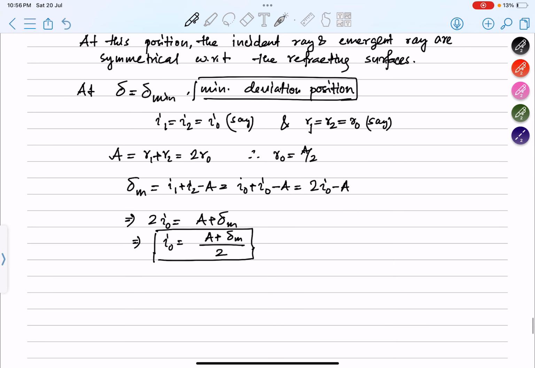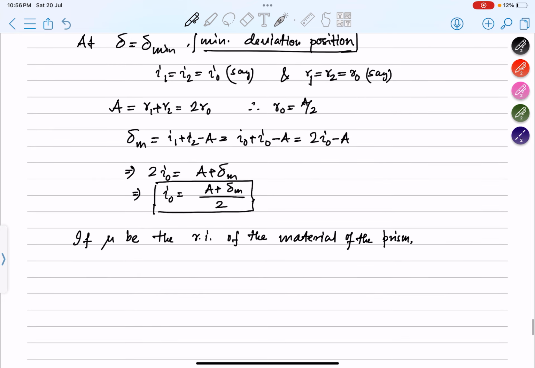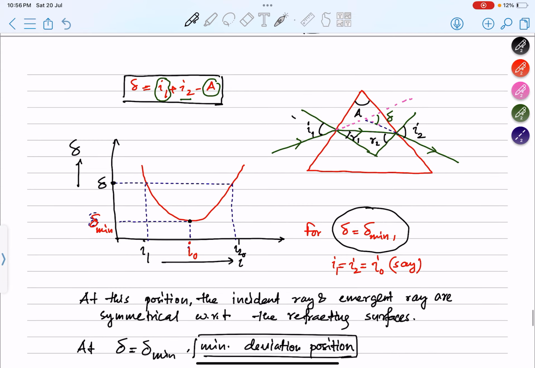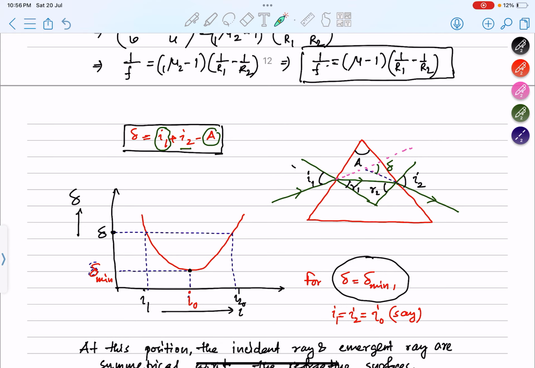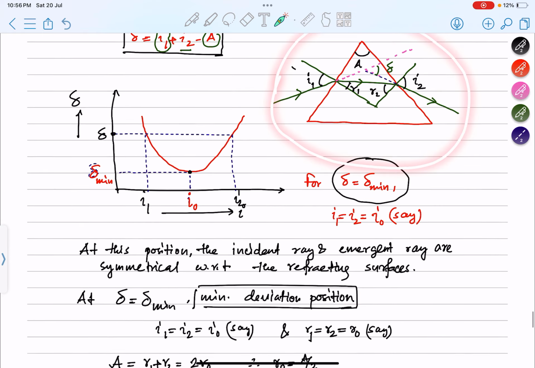Okay, so now if mu be the refractive index of the material of the prism, from Snell's law, what can I write? Suppose the medium outside the prism is air.